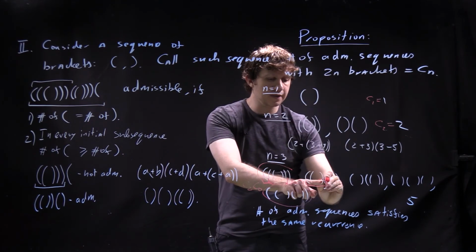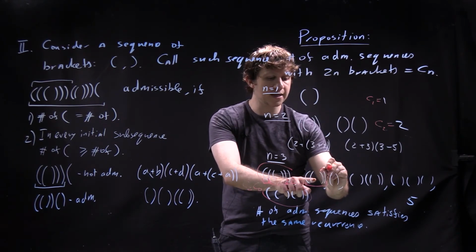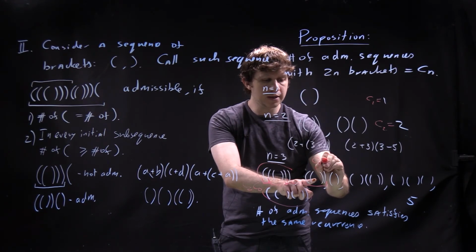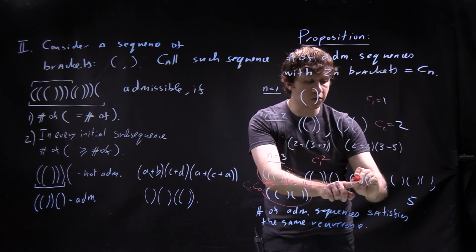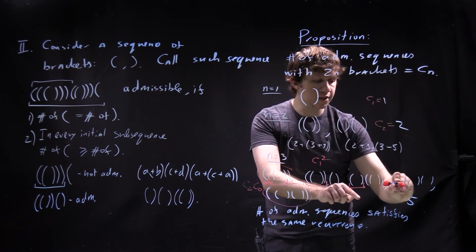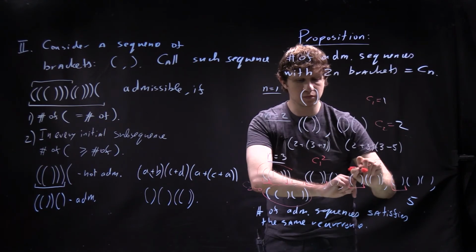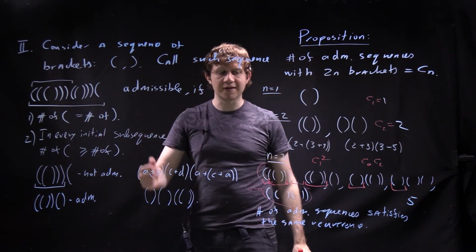This picture corresponds to the case when we have one inside and one outside, and this is C1 squared. And finally, these two correspond to when we have 0 inside and 2 outside, and so this is C0 times C2. So we see exactly the same pattern as in the previous case.